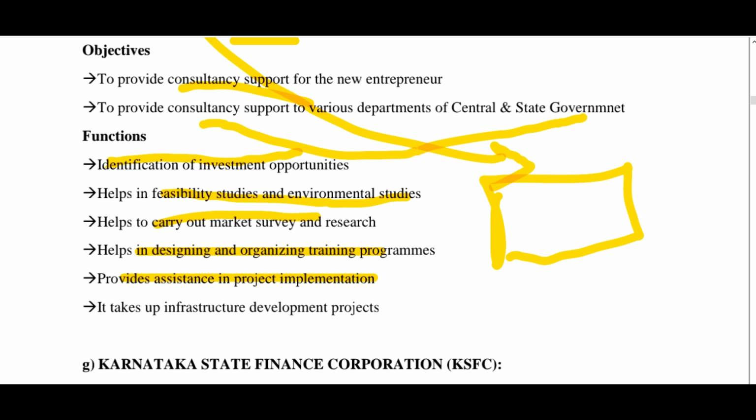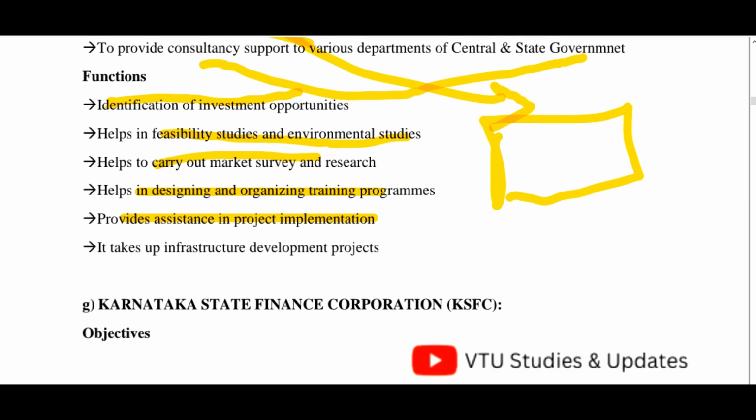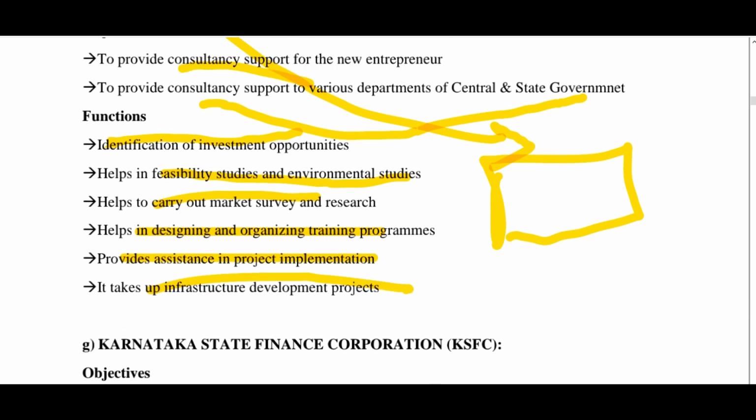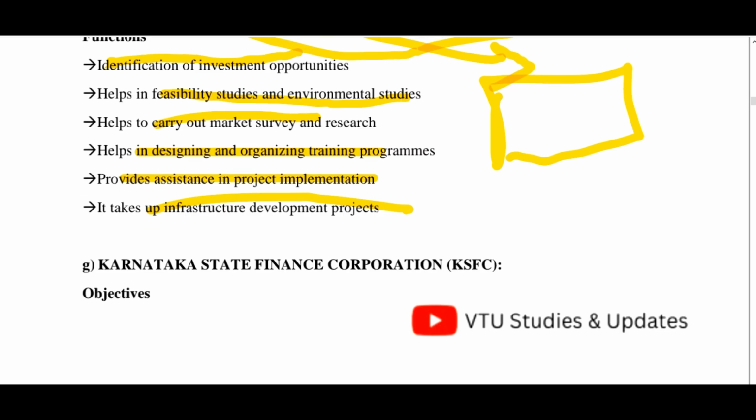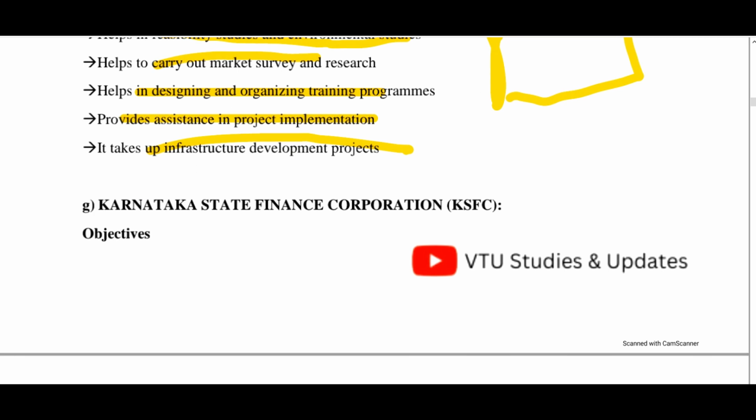Suppose someone wants to create a car but doesn't have an industry; TECSOK can provide a way so that he can rent an industrial manufacturing unit for the car, and we can implement it. They also take up infrastructure development projects, like road building, electricity, water, etc.